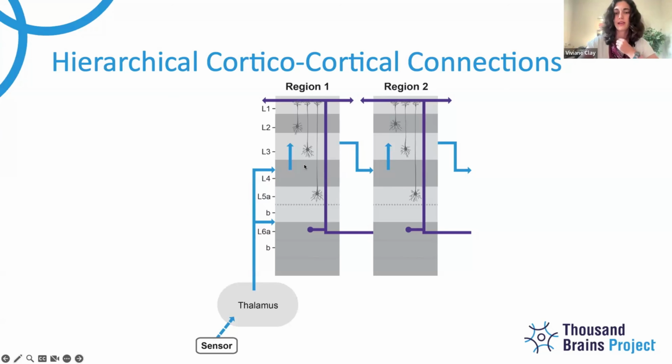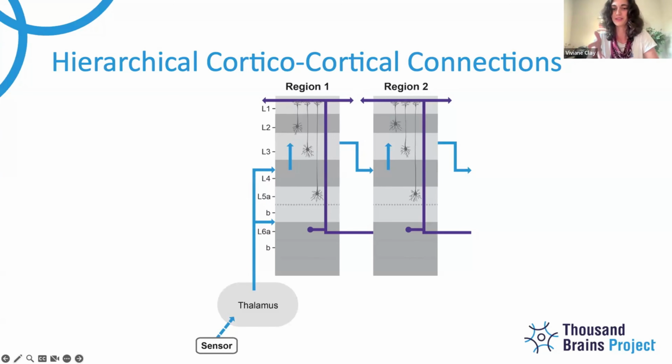Some information processing happens within the column, and neurons in layer 3 are activated. Layer 3 is often seen as the classical output layer of the column, and we have this connectivity between layer 3 of a lower region to layer 4 of a higher region as the input to that region.